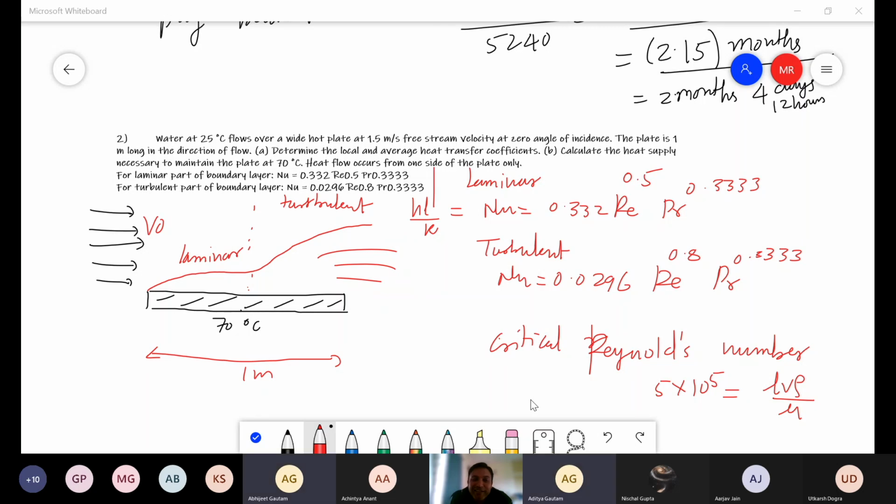Around the same time, I said that we calculate this heat transfer coefficient based on empirical correlations. We are not calculating it from first principles; we are calculating it from data. So the Nusselt number correlations given in this case, for laminar and turbulent, are empirical correlations.